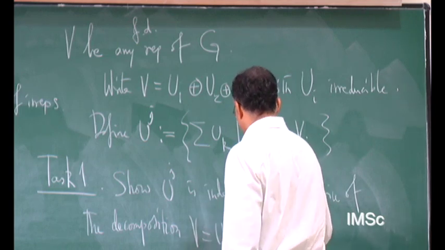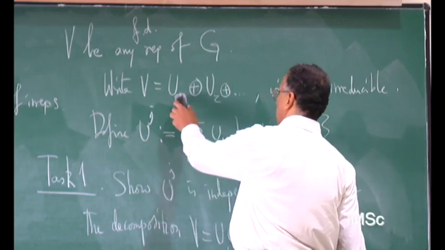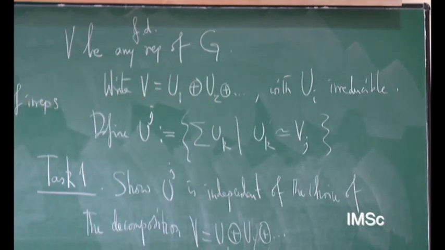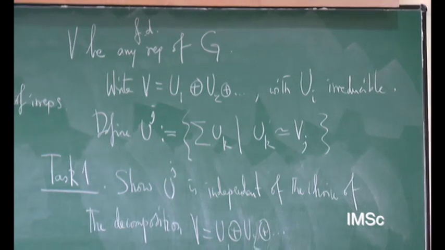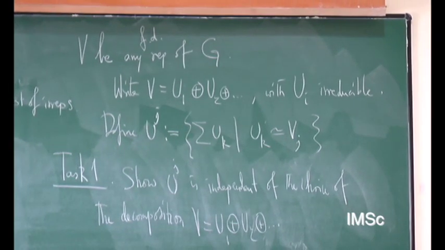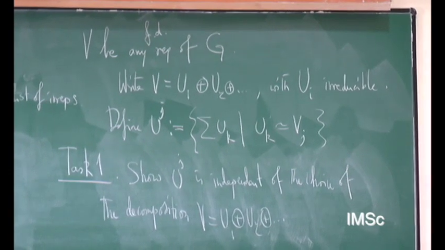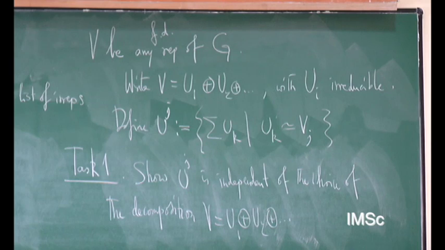See, we all agree that this decomposition could proceed in many different ways. You could choose one irreducible subspace, choose a G complement, and then somebody else comes along, chooses another subspace, another G complement, and the paths you take could be completely different.